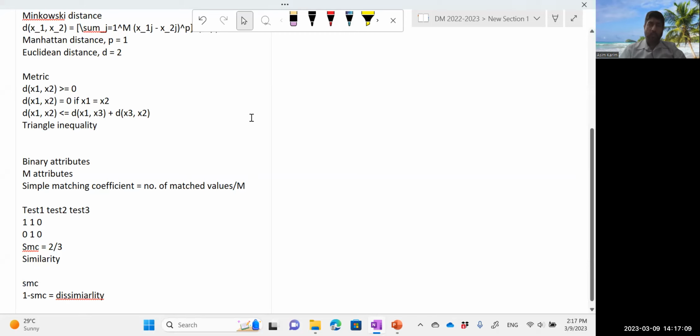In that case, SMC would be basically 1 over 3. Okay? We call such binary attributes asymmetric. One value is more important than the other value. In this case, the value of 1 is considered more important than the value of 0, and a match of 1 is counted and a match of 0 is not counted.